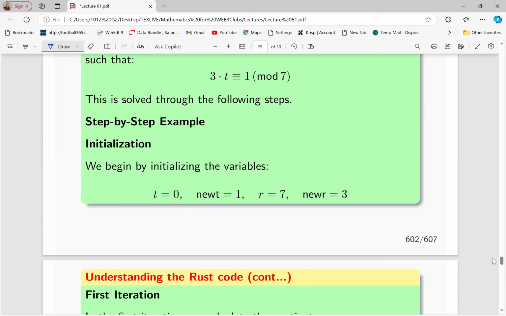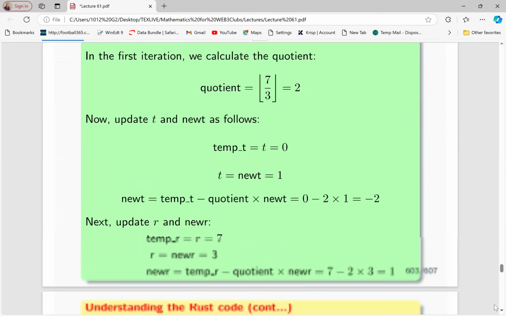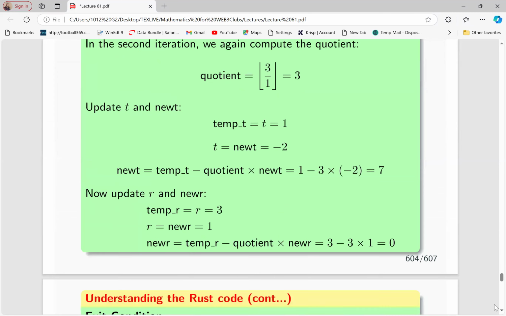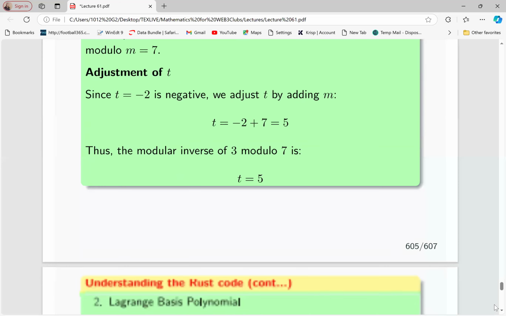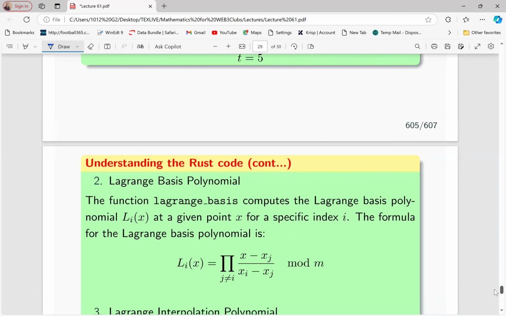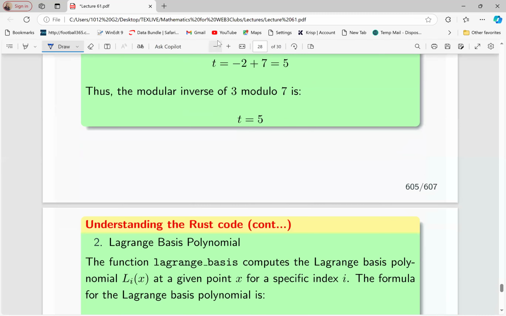Beginning from initial values, where you initialize, and then how it moves, calculate the temporal P, temporal T, new T, and so on up to how it gets the inverse, then how the code works to do the Lagrange basis, and so on. So when you get the notes and then the video, you can follow.